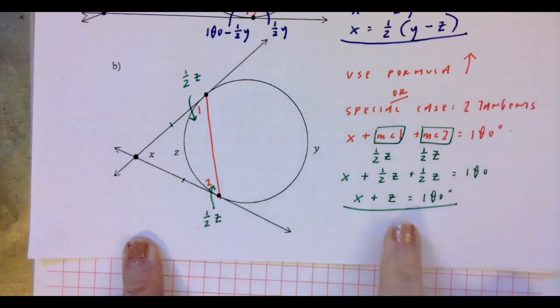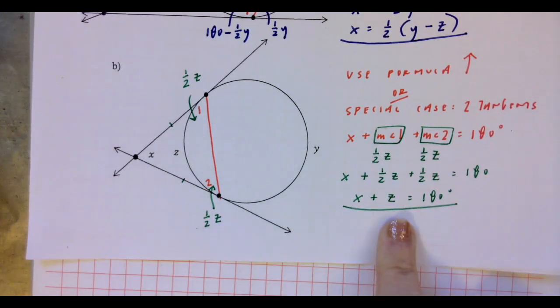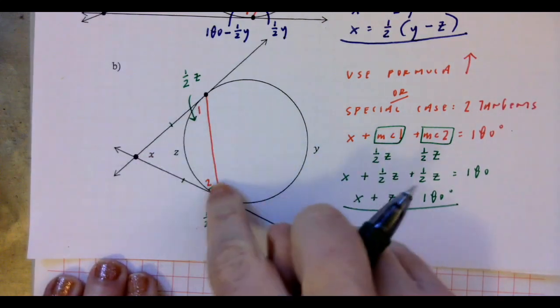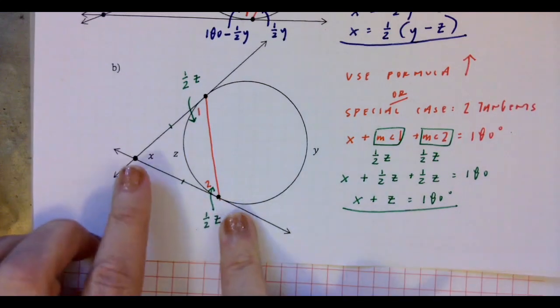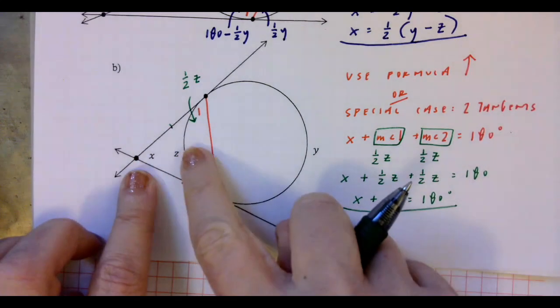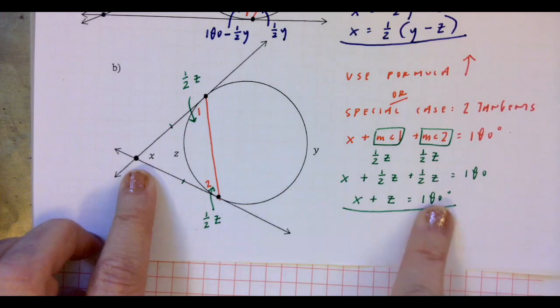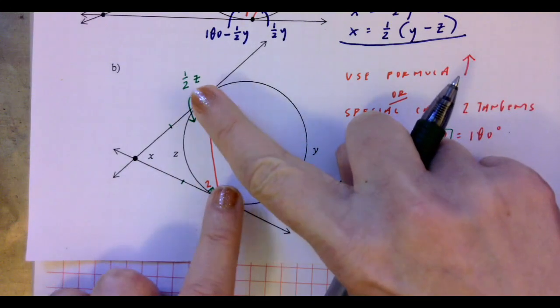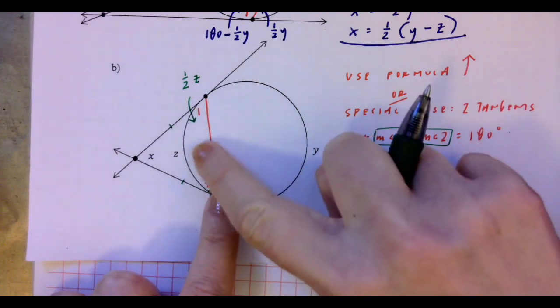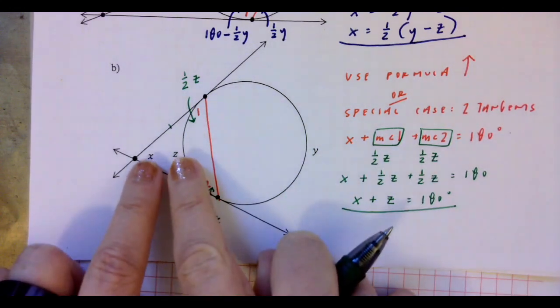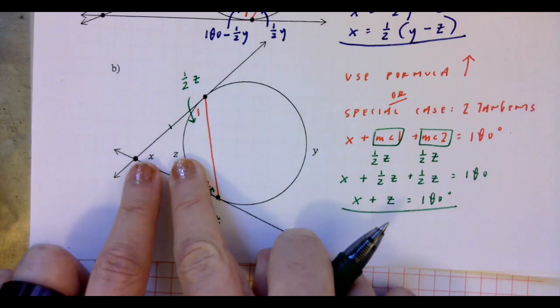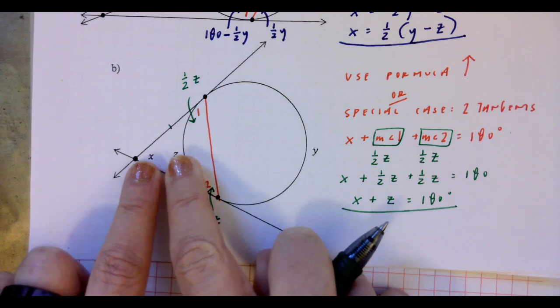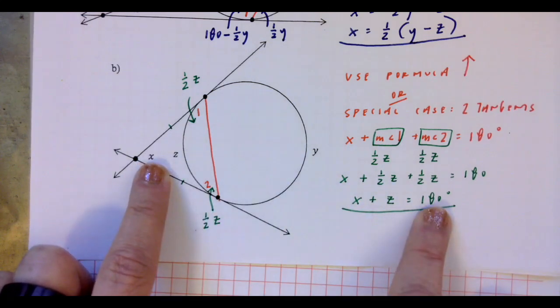Right, so I see another little shortcut that only works when I have the two tangents because, again, it's that isosceles triangle. So I see that x plus z right here end up adding to 180, right? And that really stems from these two base angles, both of them being half of the same intercepted arc. So this is that special case where this angle on the outside and that small minor arc, that intercepted arc, happen to be supplements. They add up to 180.